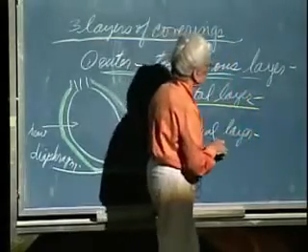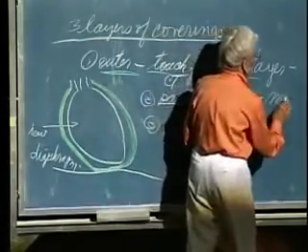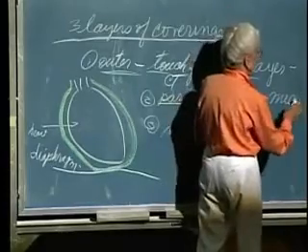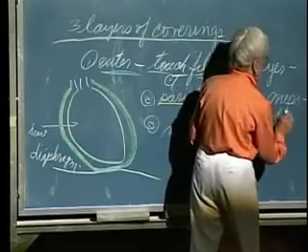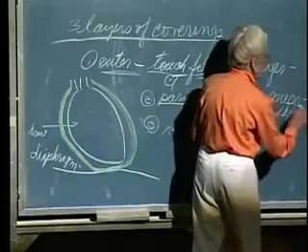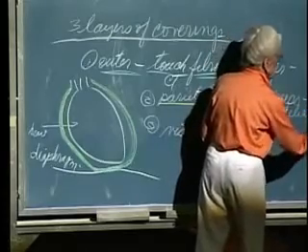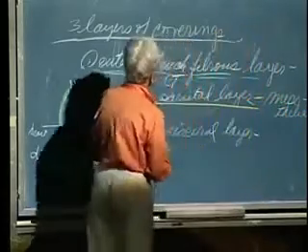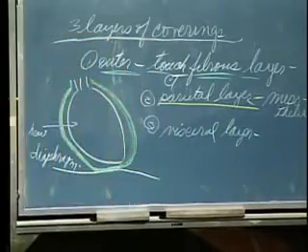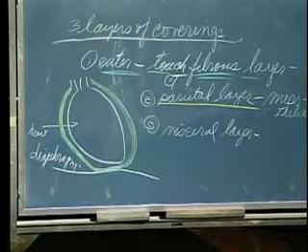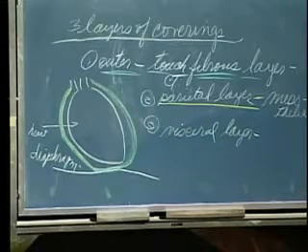It's made of mesothelial cells, just simple epithelium, mesothelial cells. And we have the visceral layer, which is attached to the viscera, which is the heart itself. It's a hollow organ, that's viscera.